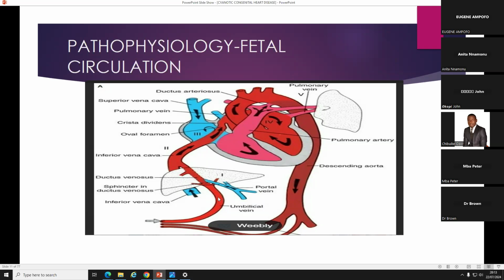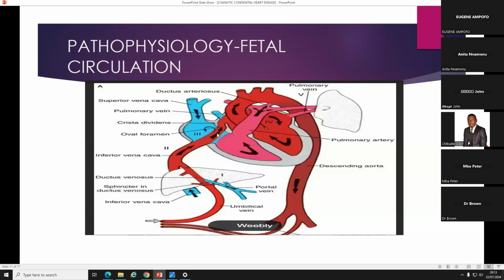Oxygenated blood drains through the umbilical vein to the fetus through the inferior vena cava and then crosses over through the foramen ovale, or oval foramen, into the systemic side or the left side of the heart. From there, it goes through the aorta and then goes down to the rest of the body.